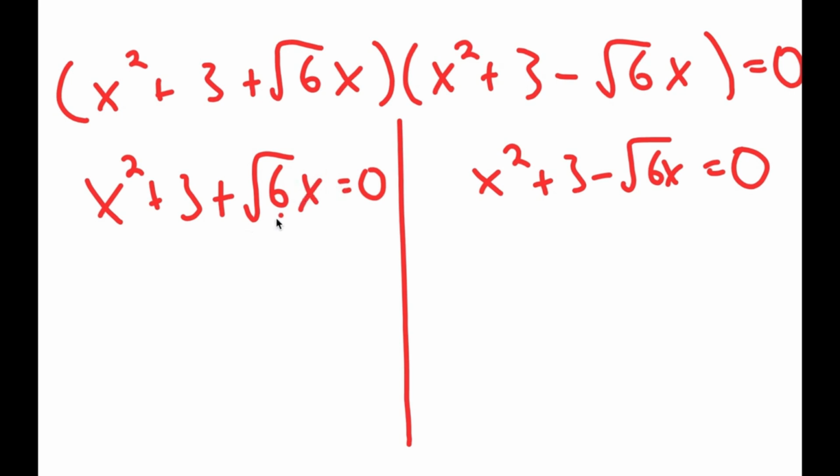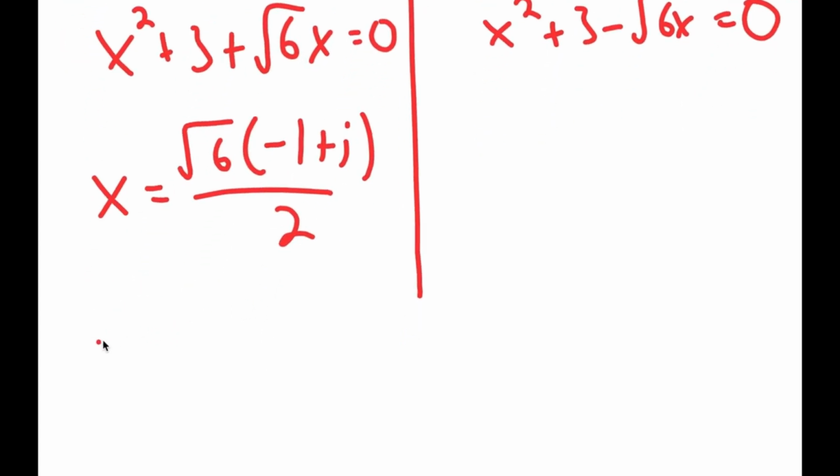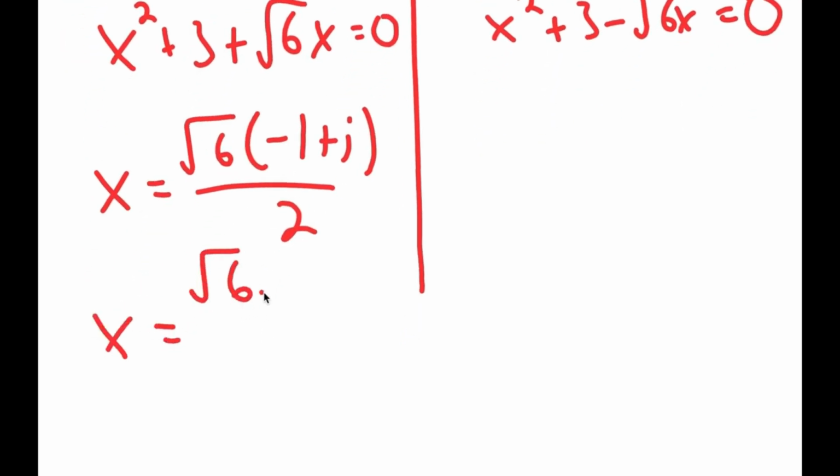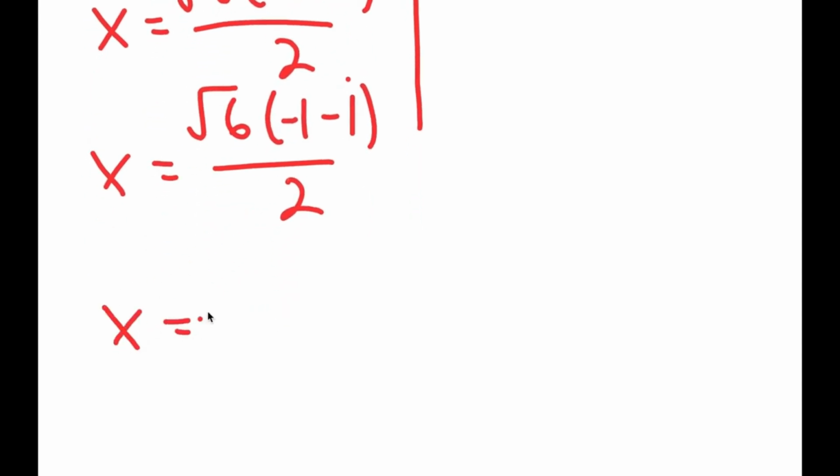You should get that x is equal to the square root of 6 times negative 1 plus i over 2, and x is also equal to the square root of 6 times negative 1 minus i over 2.